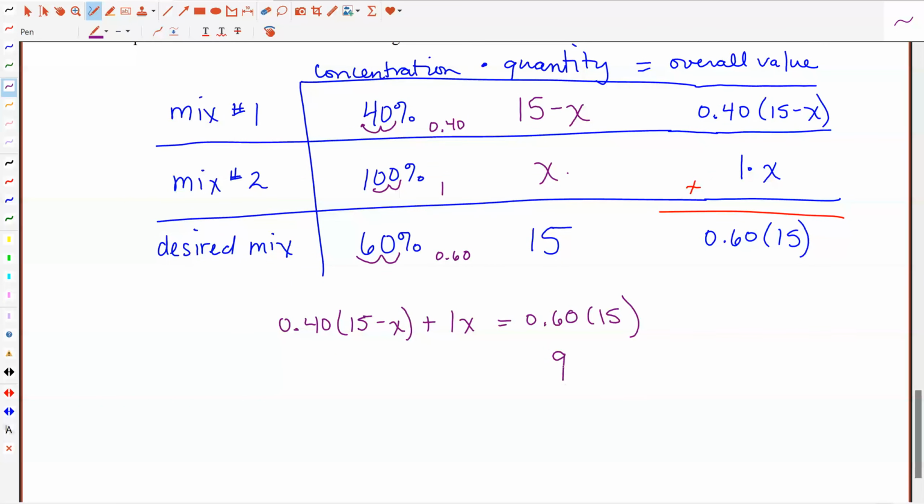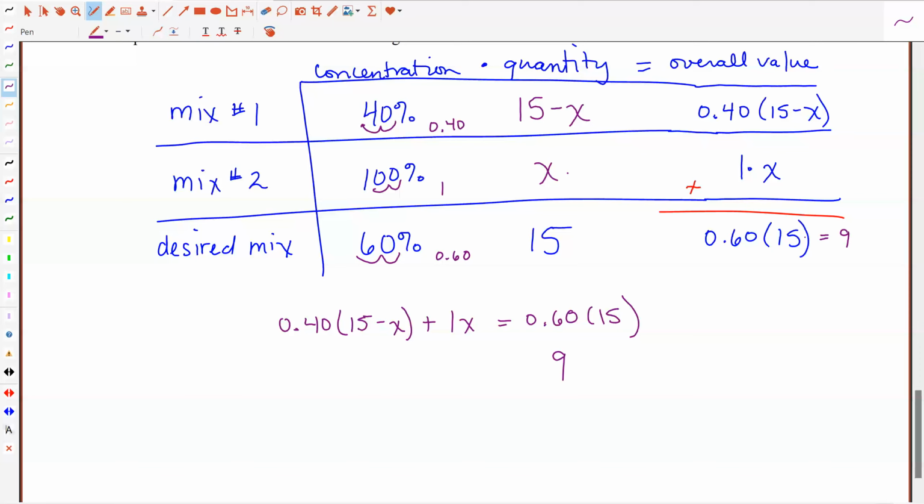All right, so just to tie back to how the overall value is the concentration times the quantity: if I've got 15 quarts of something, and I know the concentration of it is 60% antifreeze, that means in those 15 quarts, 60% of 15, or 9 quarts, is the actual antifreeze, and the remaining 6 quarts have to be the other parts of the solution, whether it be water or, sometimes in medical situations, saline, or whatever the other part is that this material is being mixed with.